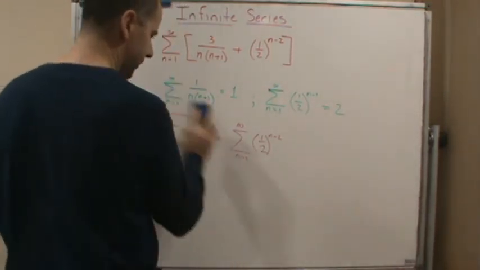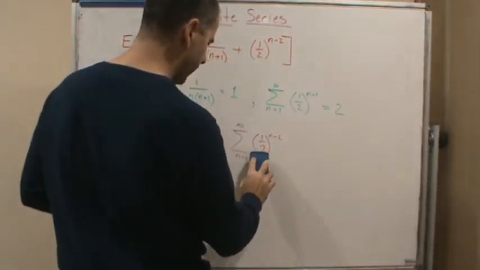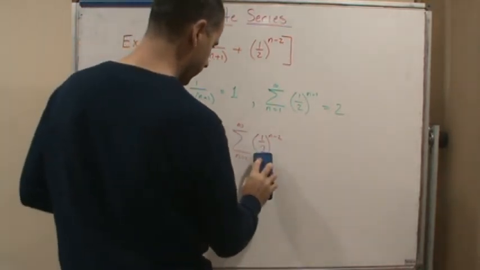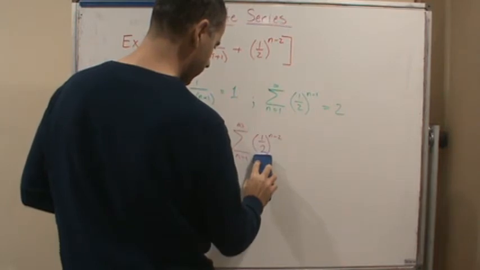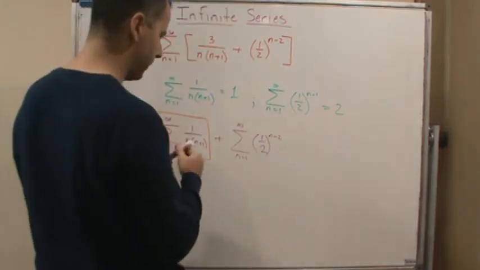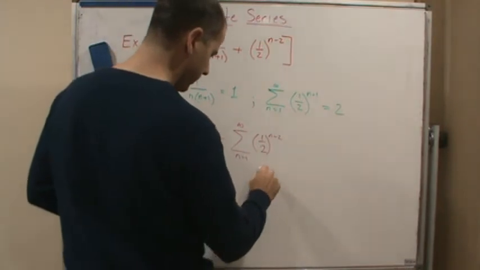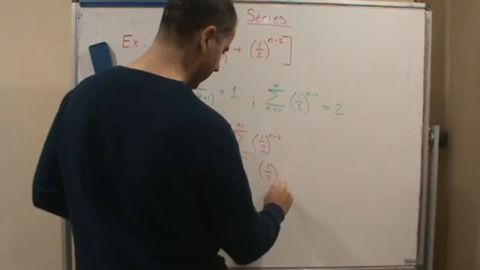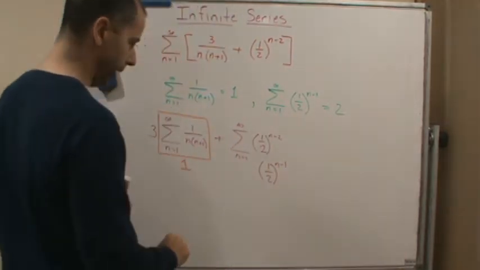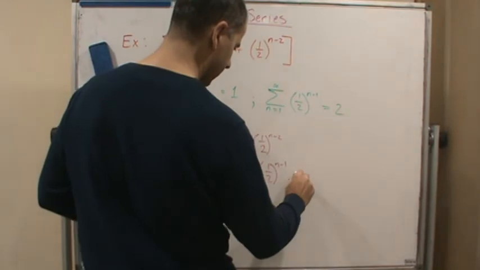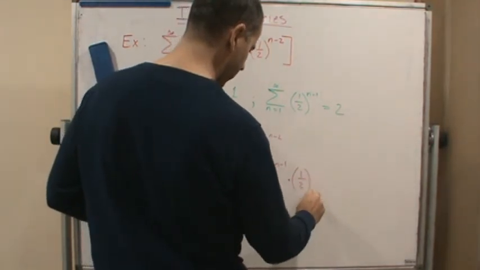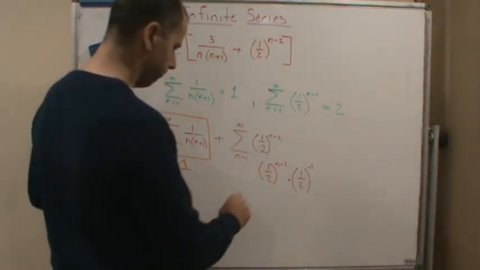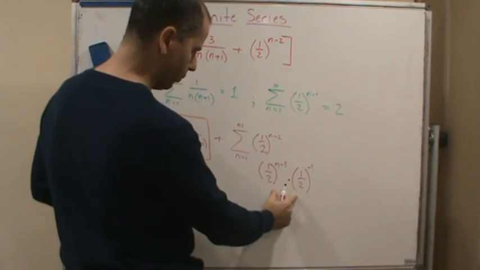So let's rewrite this. I can use the property of exponents here. So this is going to be 1/2 to the n minus 1 times 1/2 to the minus 1, right? So I can replace this with this.